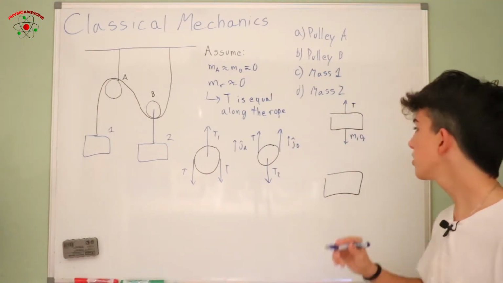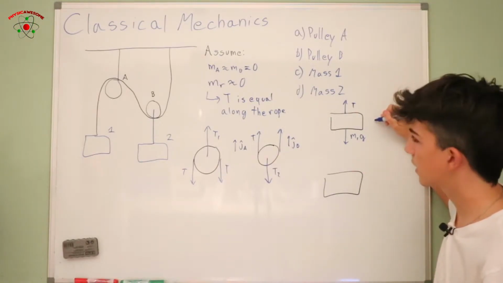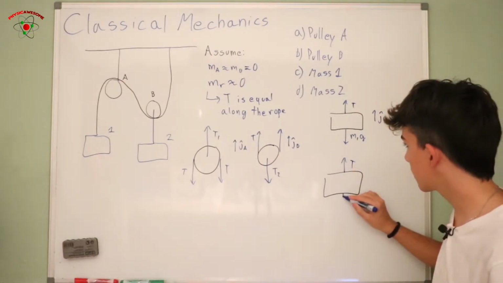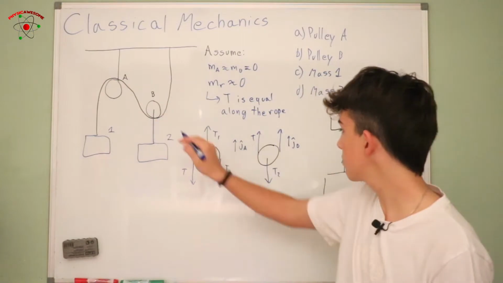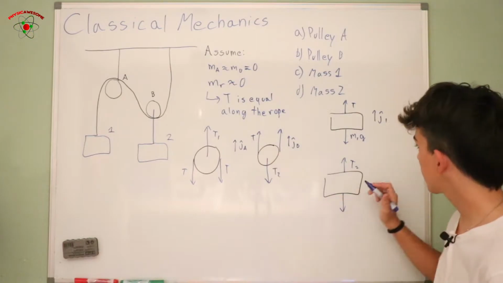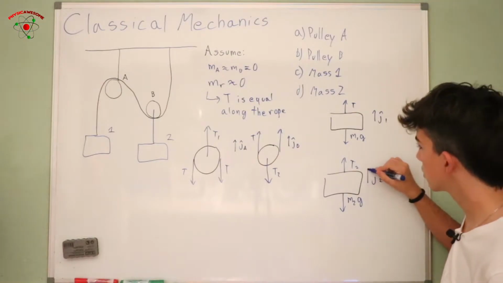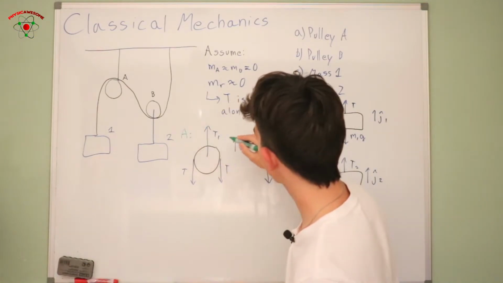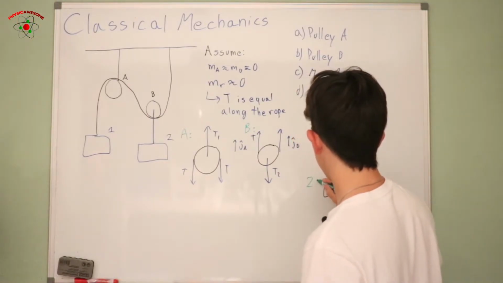In a similar manner, this will be j hat 1, and we'll have T, and this will be not T but T2 because it's this rope, and it's the same as in case B, and we will have again the weight m2g and the unit vector pointing up. So let's denote each of these diagrams so not to be confused. This is A, this is B, this is 1, and this is 2.